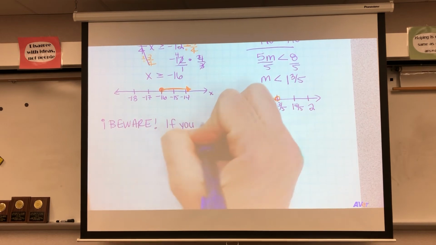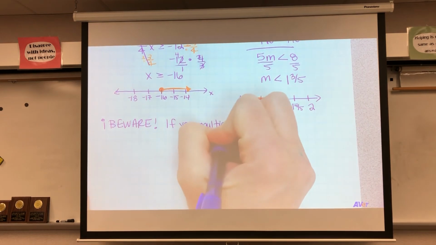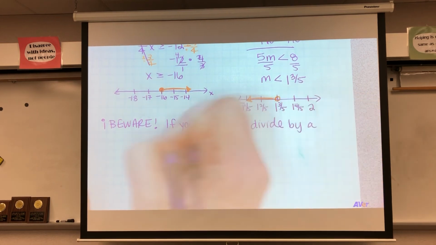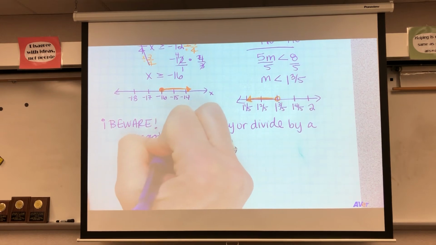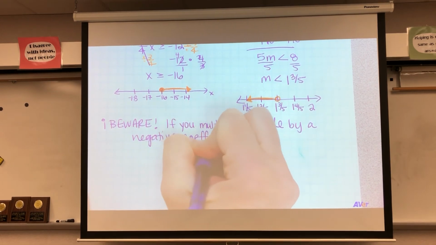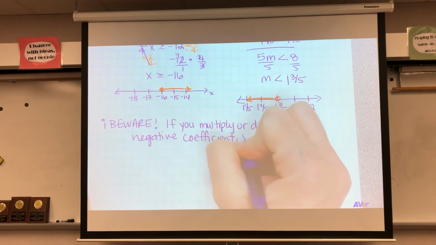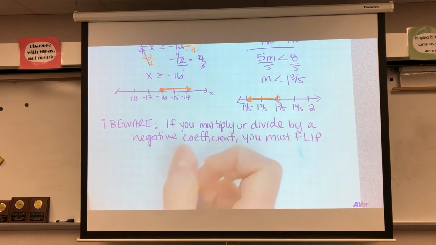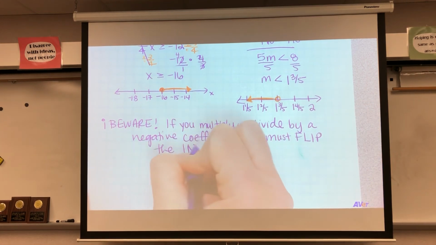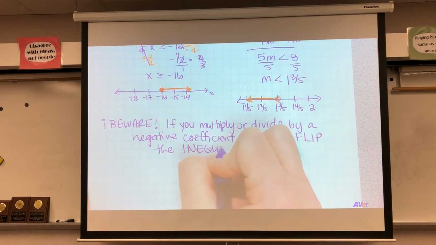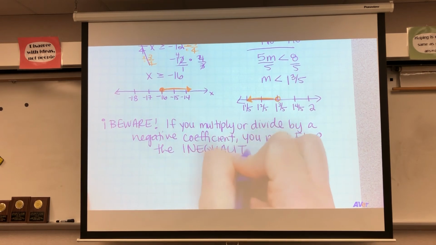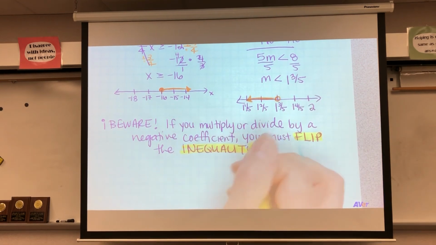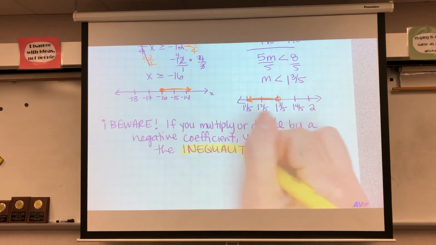If you multiply or divide by a negative coefficient, you must flip the inequality. So again, let me emphasize that you must flip the inequality only when you multiply or divide, not when you add or subtract or do anything else like that.